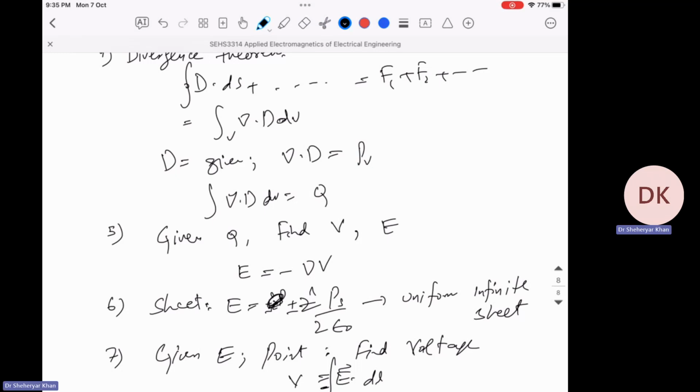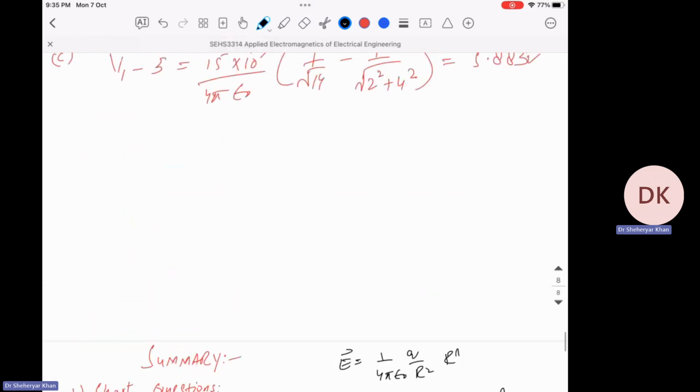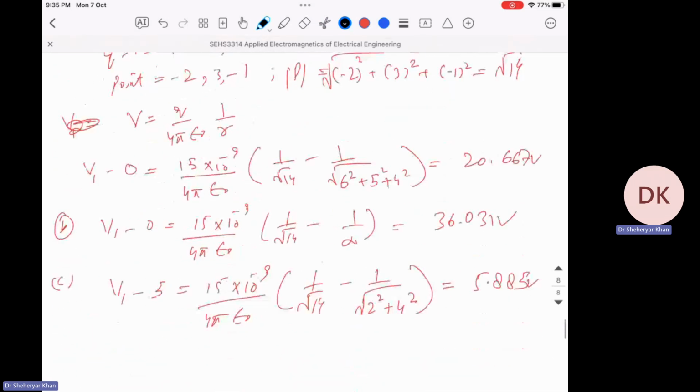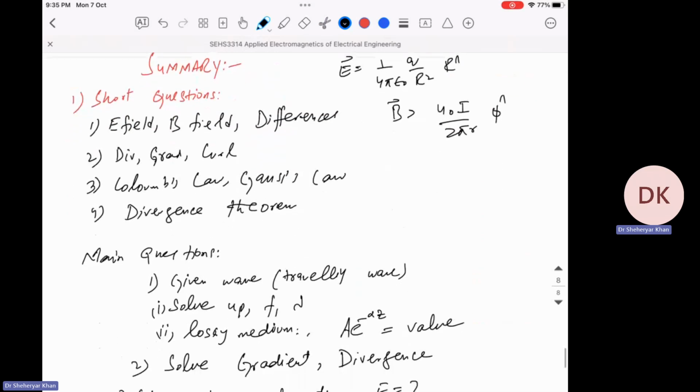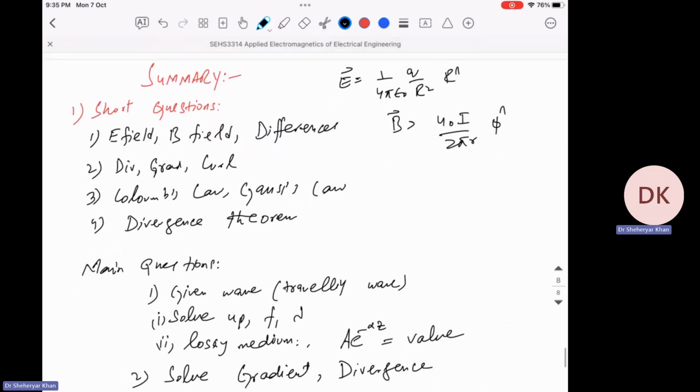Every time I give you a circle, this is an important definition, so remember.